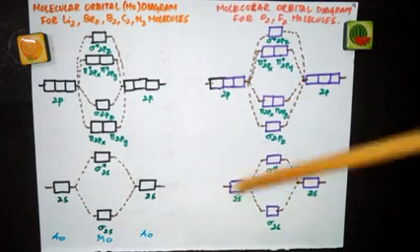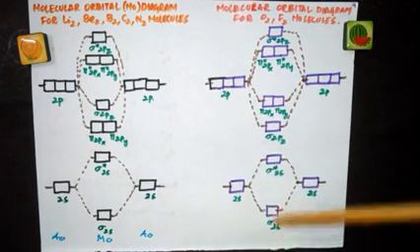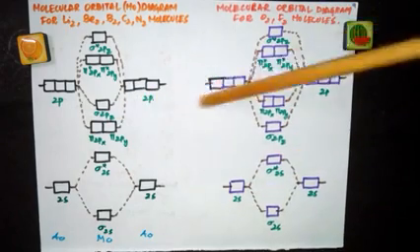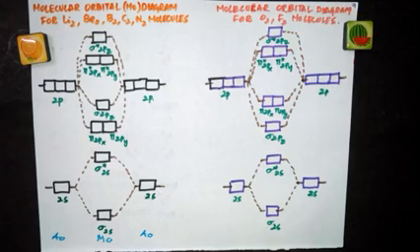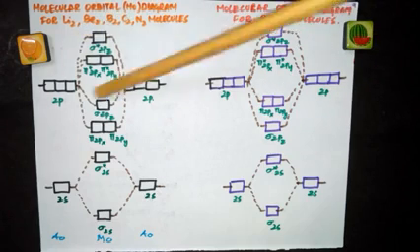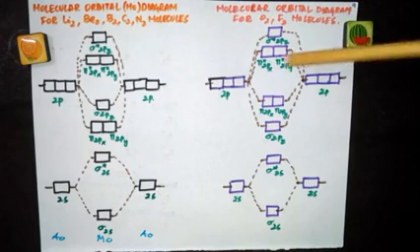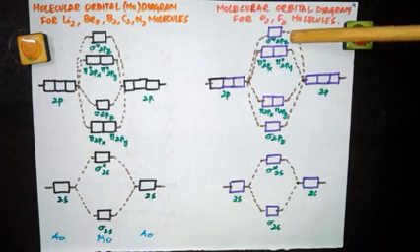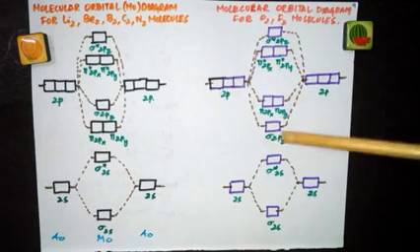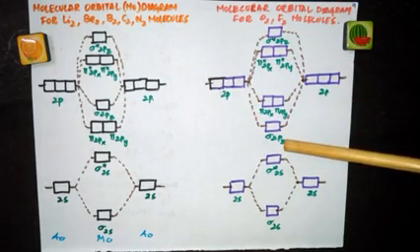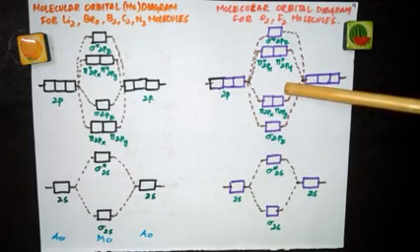See, this is the same. 2s, 2s, you get sigma 2s, sigma star 2s. Coming here 2p, here 2p, 3 boxes for 2px, 2py and 2pz. And see, this part is the same. Pi star 2px, pi star 2py, sigma star 2pz. Coming here, this is interchanged. In the case of oxygen and F2, sigma 2pz has lower energy than pi 2px and pi 2py.